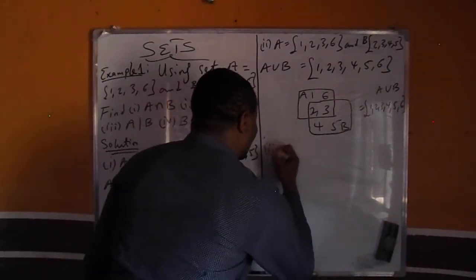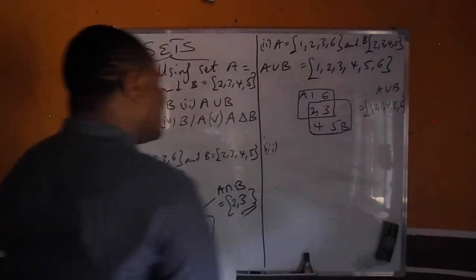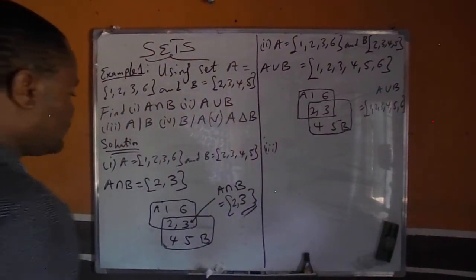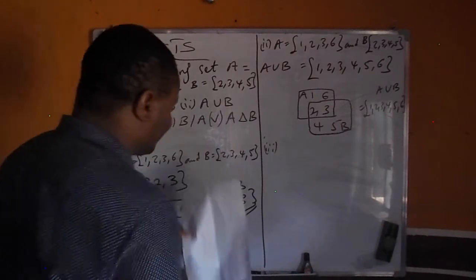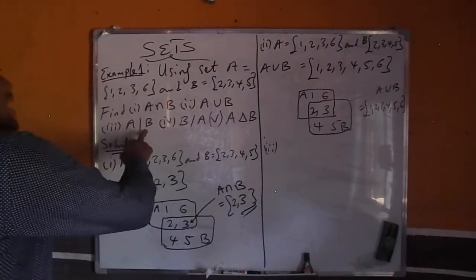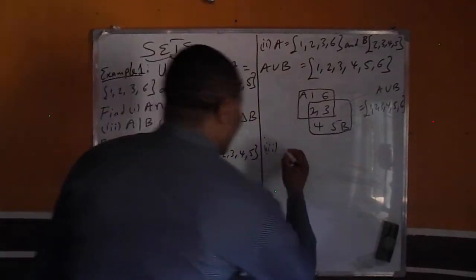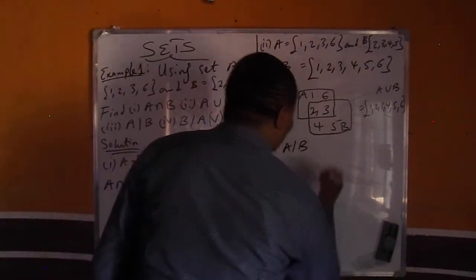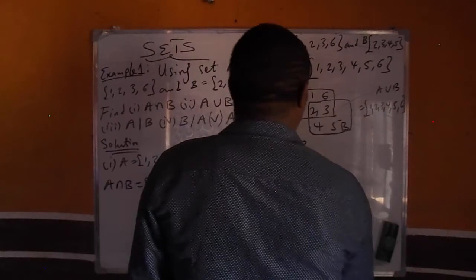Roman figure 3. The question says we should look for A without B. What is A without B?